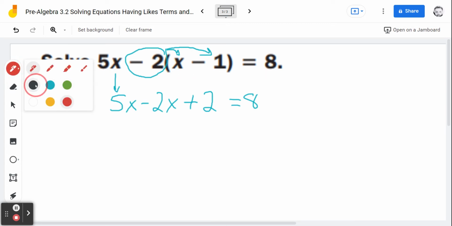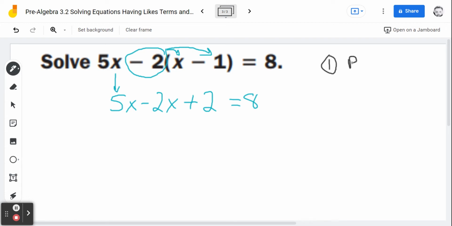So for those of you keeping score at home, the first thing we did was distribute. Hold on, relax. Distribute. Write this down. Distribute. Somebody shouted the answer to the next step, but what am I doing in the second step?